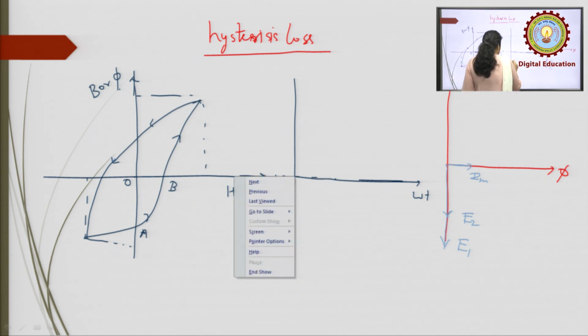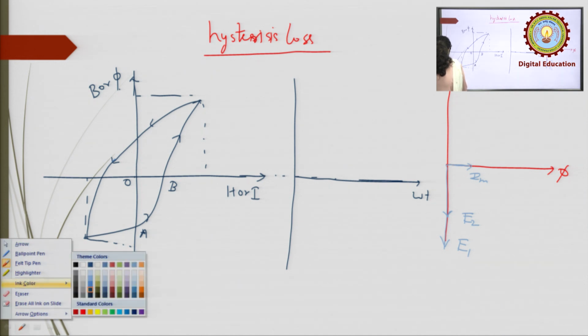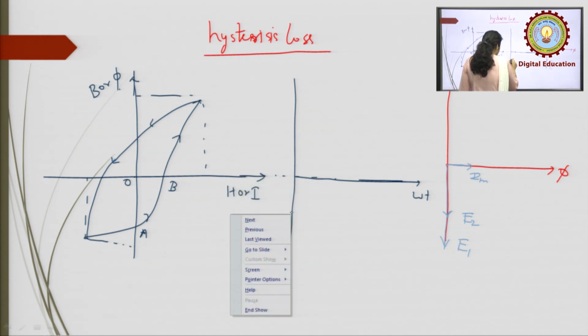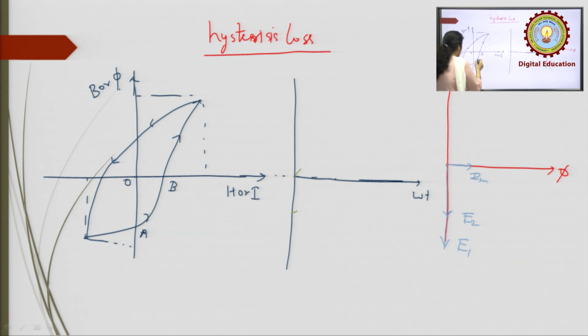At point B you see that there is some current, but the flux value is 0.